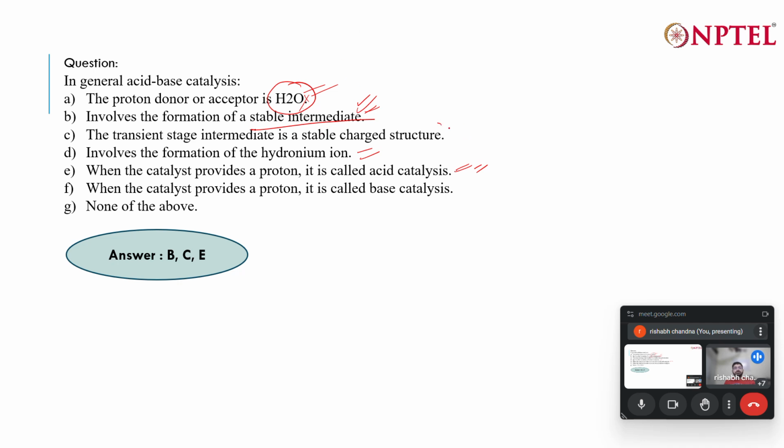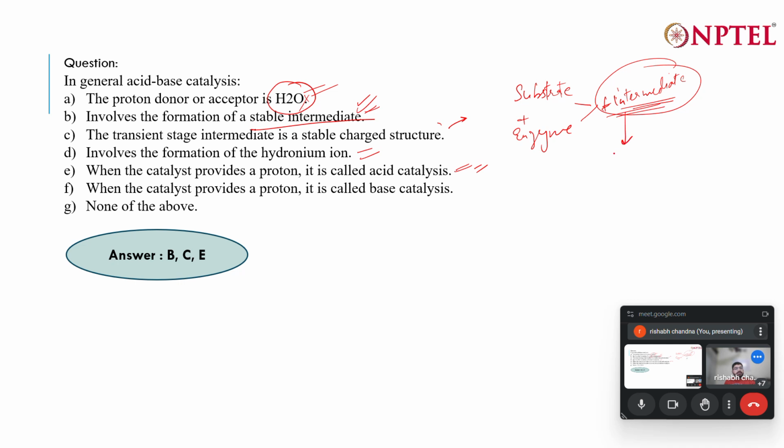Yes. So what happens whenever a substrate comes and interacts with the enzyme molecule? There is a charged intermediate that is formed. This is the best example of the acid base catalysis in which a charged intermediate is formed.